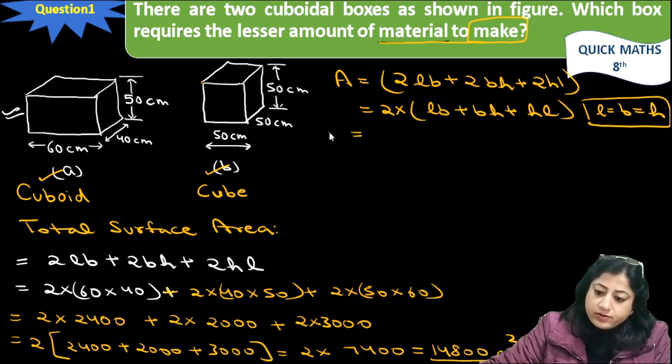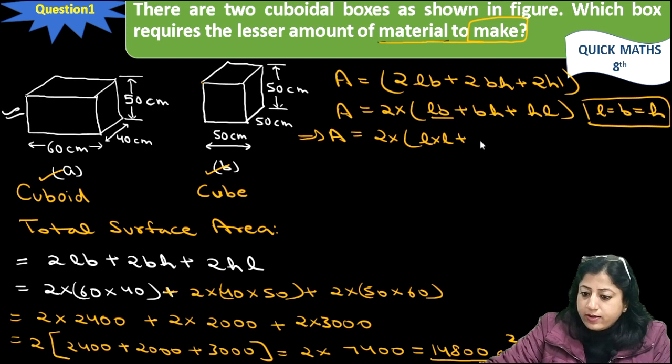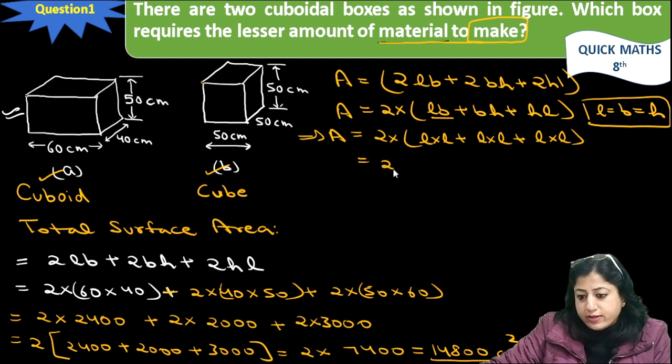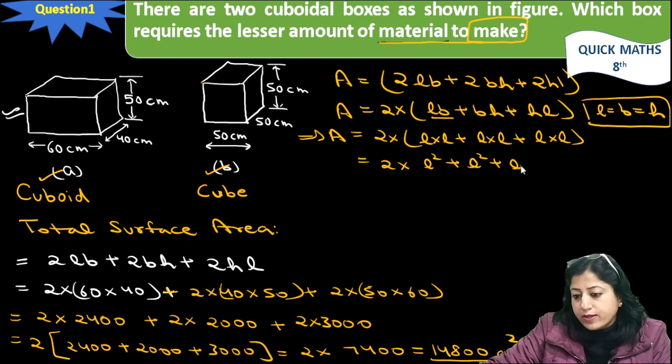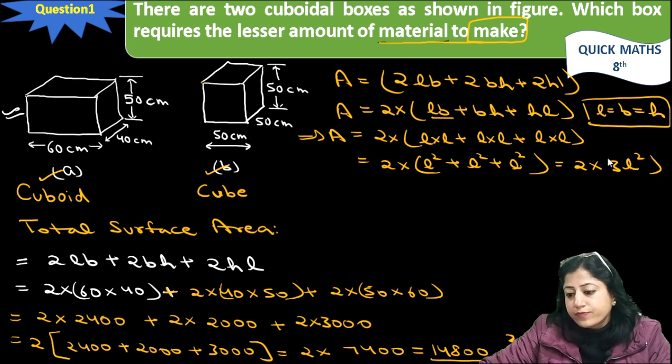So we will put the value of all as L. The area will be 2 multiplied by L into L plus L into L plus L into L. So it is 2 into L square plus L square plus L square, which is 2 into 3L square.